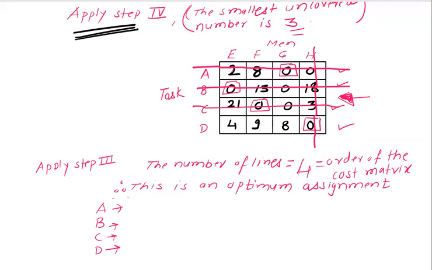A is assigned to G, that is C13 is the assignment cost.